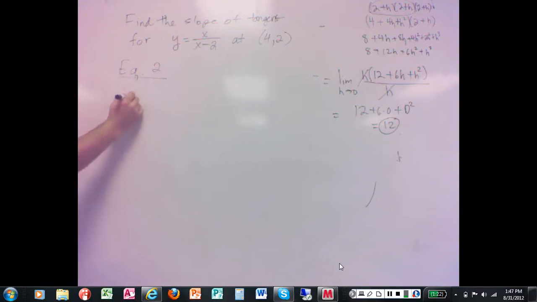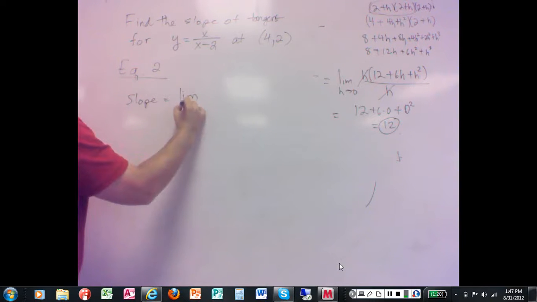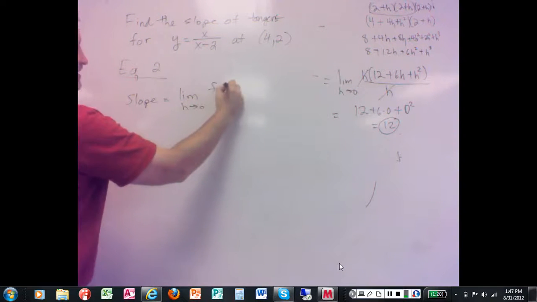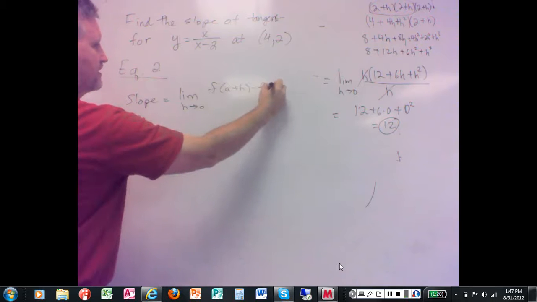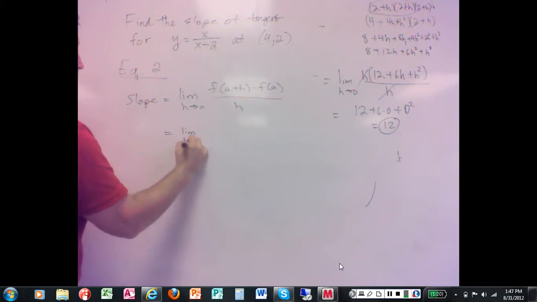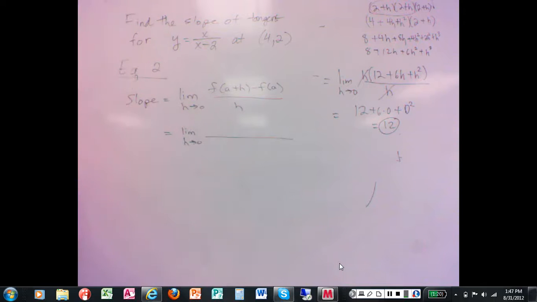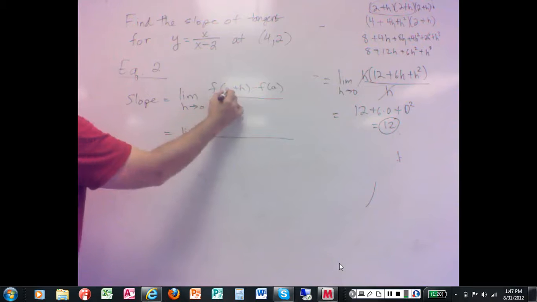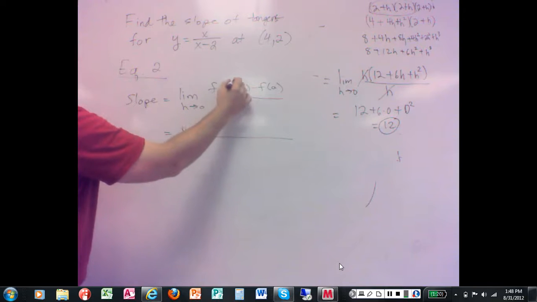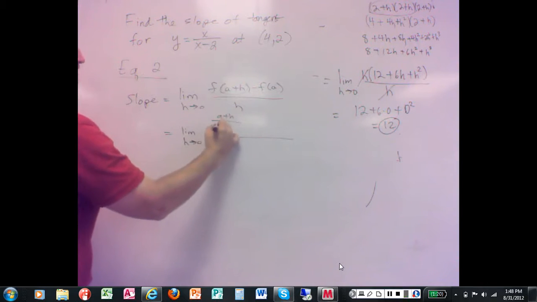So equation 2 says the slope equals the limit as h approaches 0 of f of a plus h minus f of a, over h. So that's the limit as h approaches 0 of, in this case, f of a plus h would be, plug in the a plus h for x, so that would be a plus h over a plus h minus 2.